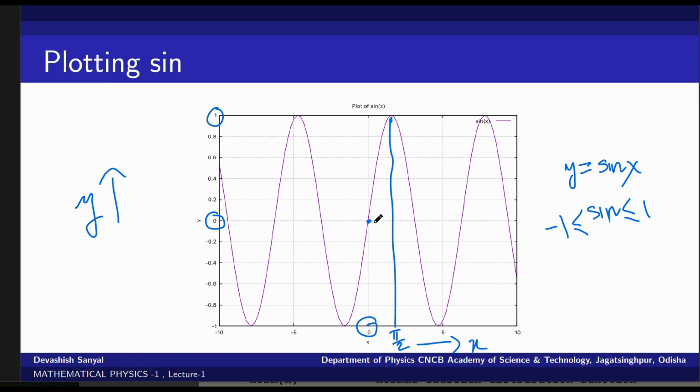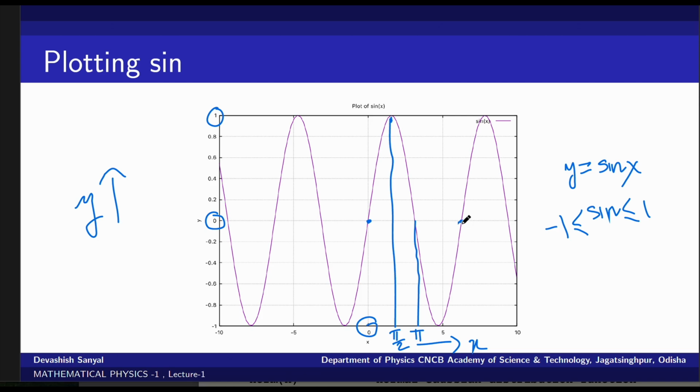Sin 0, then sin pi by 2, then what is this coordinate? Again it comes to 0. So this x coordinate is pi. And then here it becomes -1, and then again here it becomes 0.